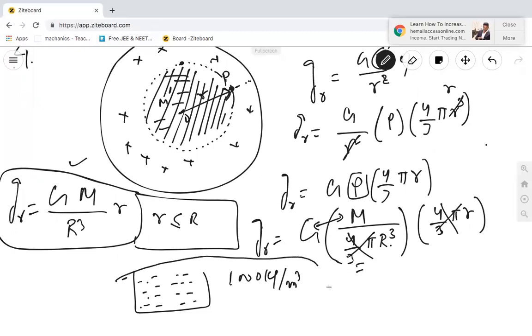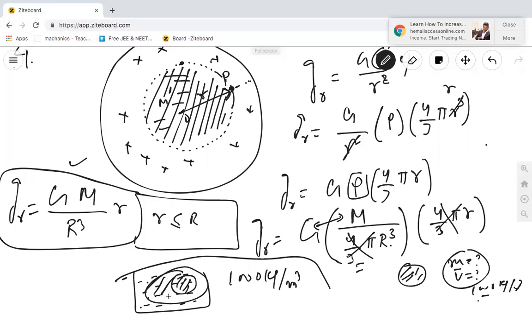If you want to find the density of water, you take some water from here, find its mass, find its volume, and divide. That will be 1000 kg per cubic meter. Suppose you take a larger volume. When you take a larger volume, that will have a larger mass.